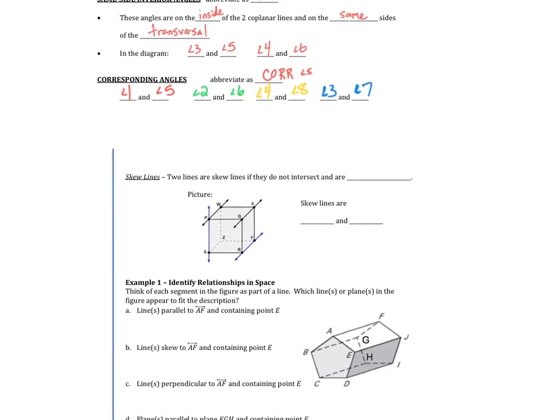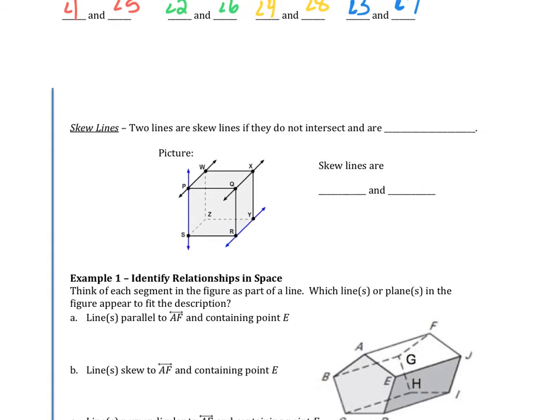Okay. Other lines we talk about, similar to parallel lines, are skew lines. These are lines that do not intersect but are not parallel. They're similar to parallel in that they don't cross, but they're not quite the same. So in the picture to the left here, you can kind of see the color, but I'll highlight them so you can really see it.